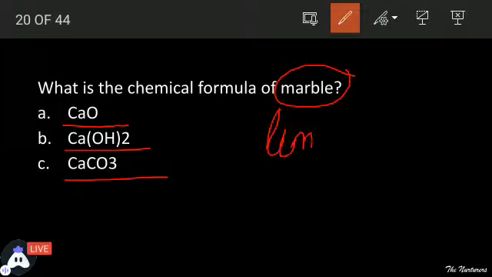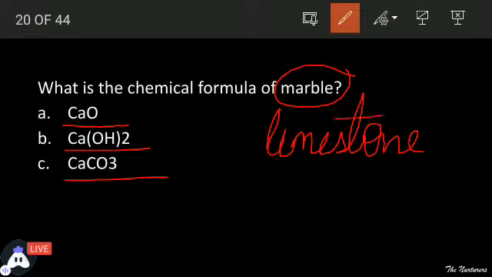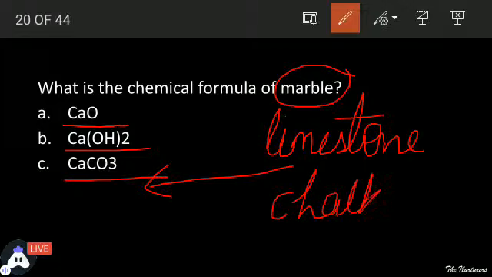Even if it has been asked limestone, the formula would remain the same. Limestone is also a type of stone and its formula is calcium carbonate. So whenever it is asked, please do remember that the formula of marble or limestone is just the same, that is calcium carbonate. Even in chalk, sometimes it has been asked what is present in chalk. Chalk is also calcium carbonate.